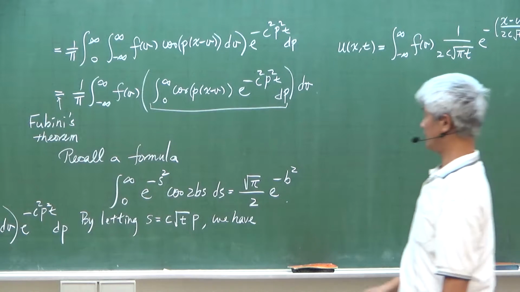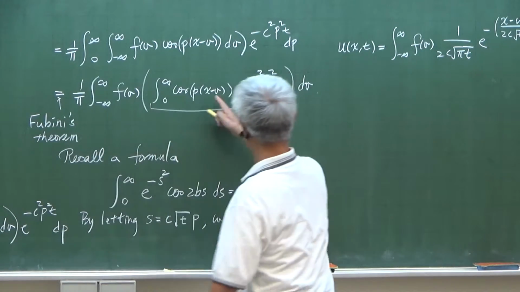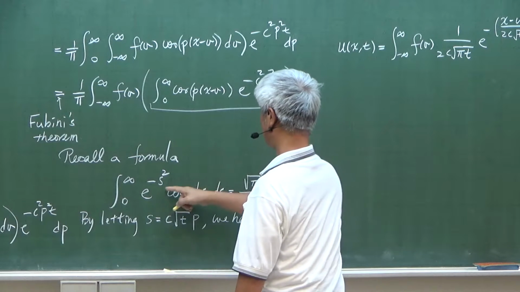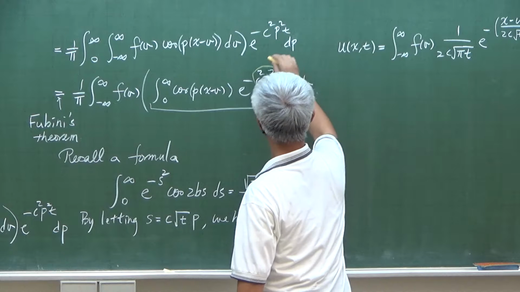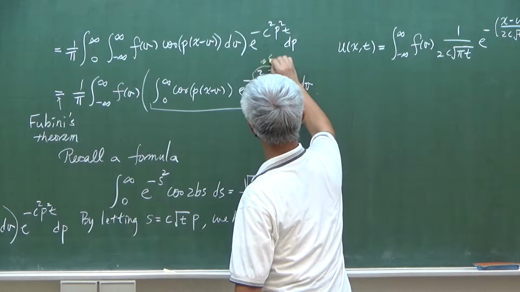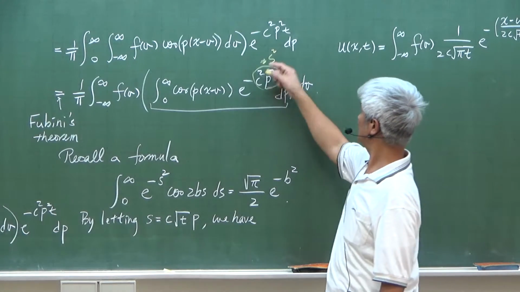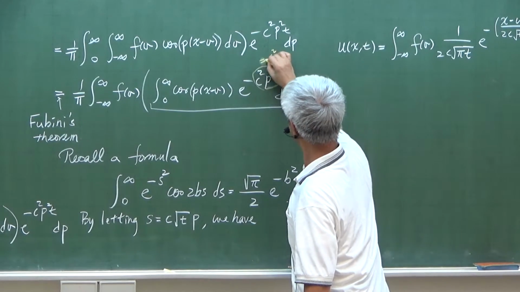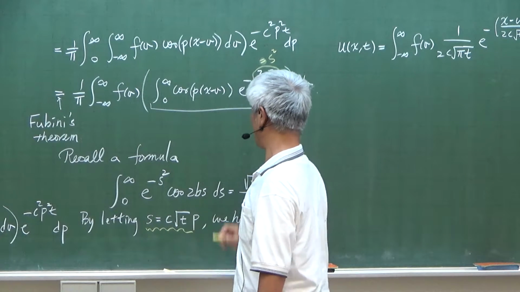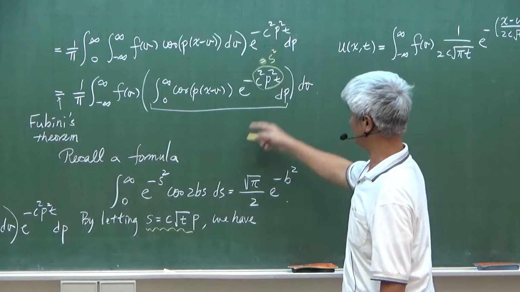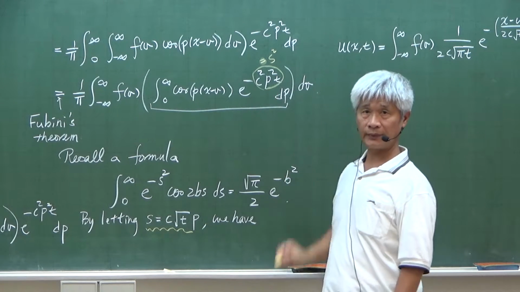Right. So we can see that we let this one be equal to s squared, so we need to use this change of variable. So s is equal to c times square root of t times p here.